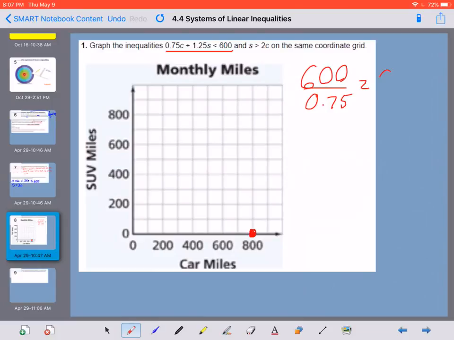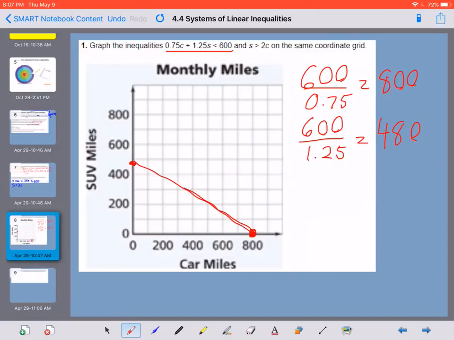And then we found our SUV by doing the same thing, 600 divided by 1.25. When we do that, we get 480. So 480 would be about there. Then we would connect those dots, and we have our first inequality.